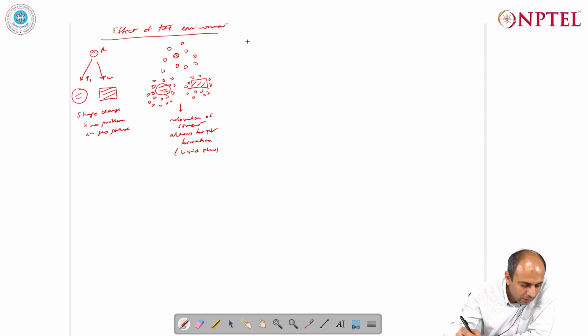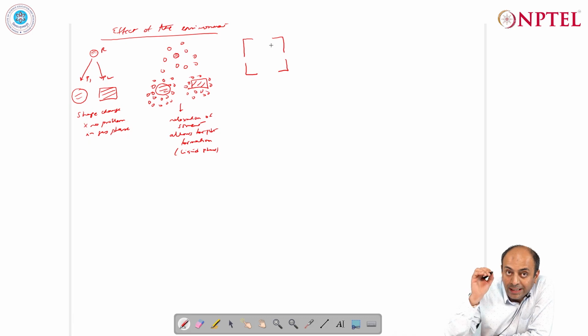And then when you have a solid, the solid has a well defined architecture. For example, the crystal structure has finite voids, and you have the reactant molecule here, and there are two possibilities.